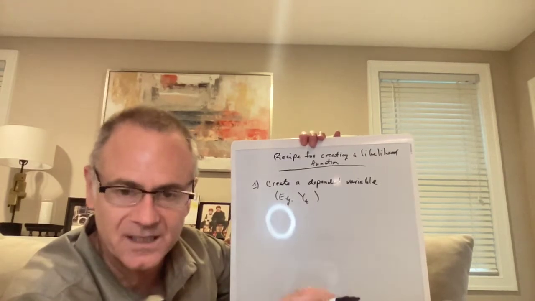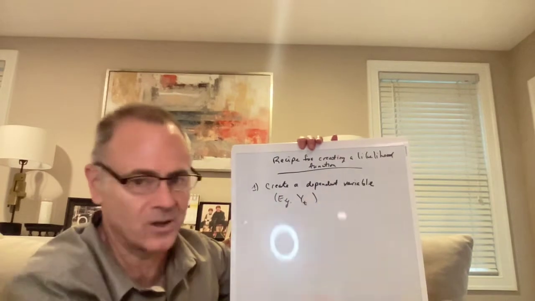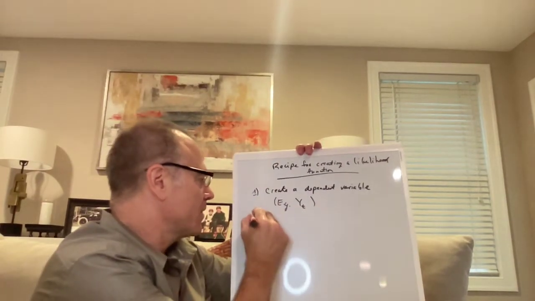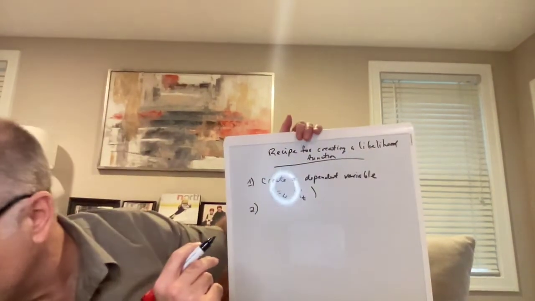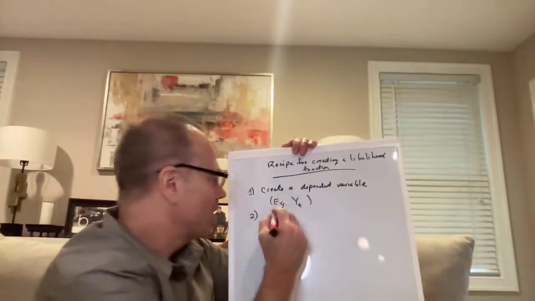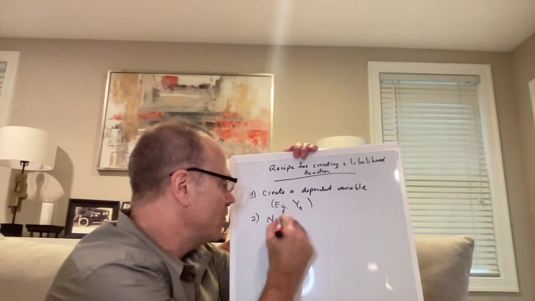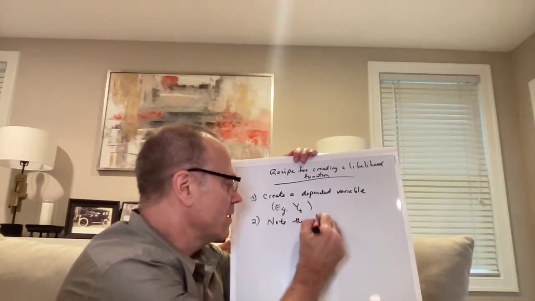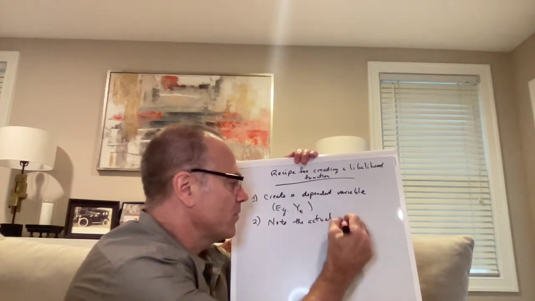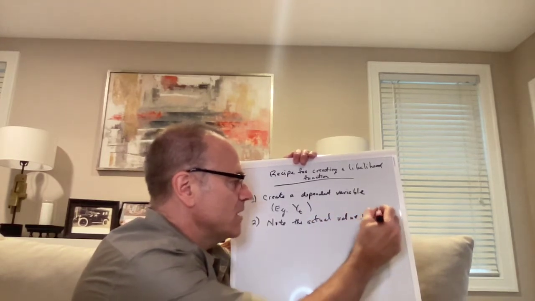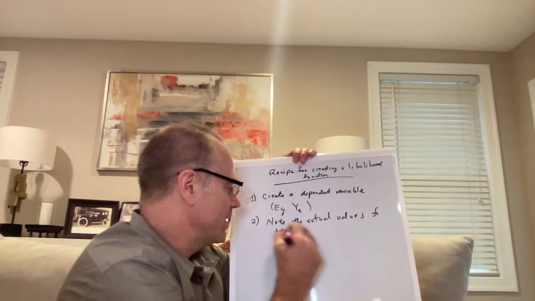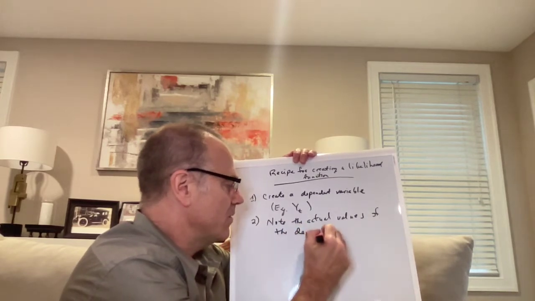So observation t, got a variable. What is it going to be? Okay. Step 2: note the actual values of the dependent variable.